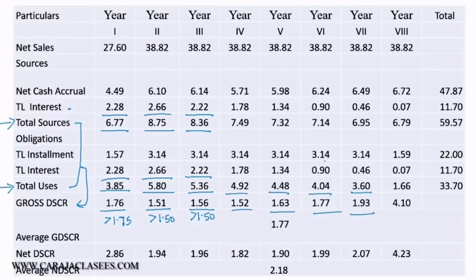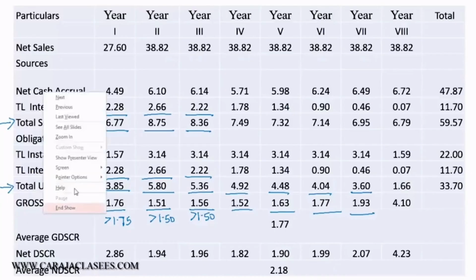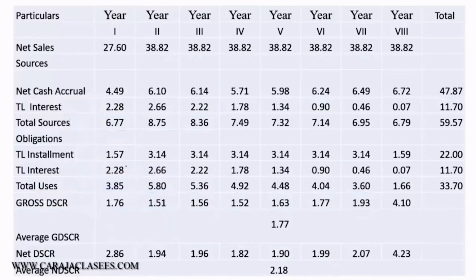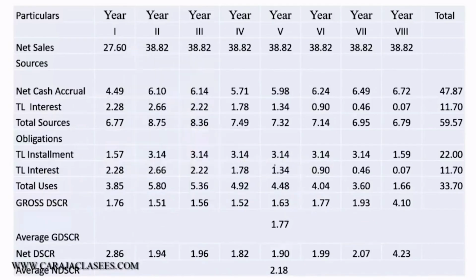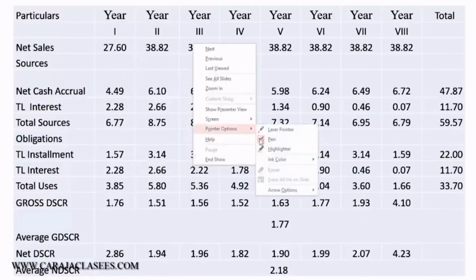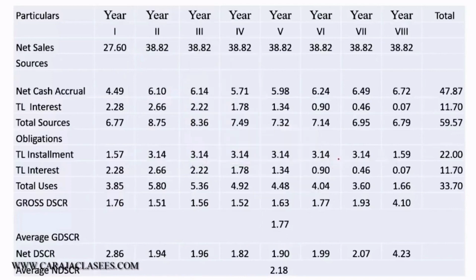But why is it high in first year and coming down in year 2, 3, 4? Let's analyze. See, in year 2, sources have increased actually. From 6.77, it has gone to 8.75. But on the other side, look at the term loan installment.